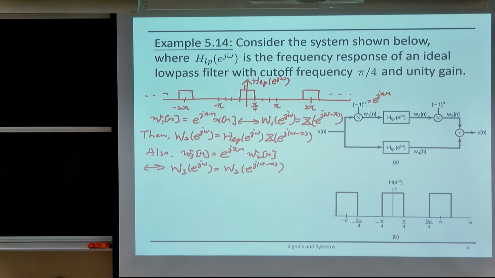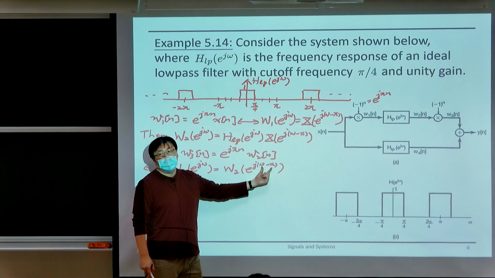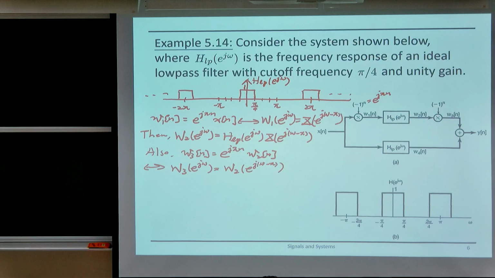I just substitute W2 inside here, but be careful: instead of omega, I should have omega minus pi. So this becomes HLP(e^j(ω−π)) X(e^j(ω−2π)).